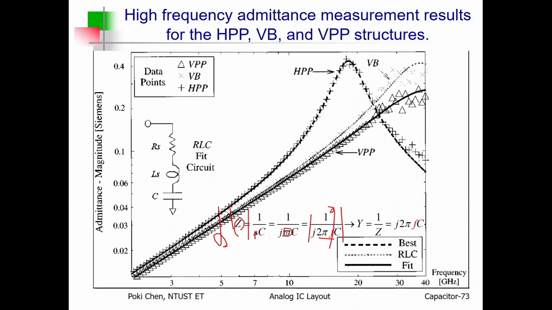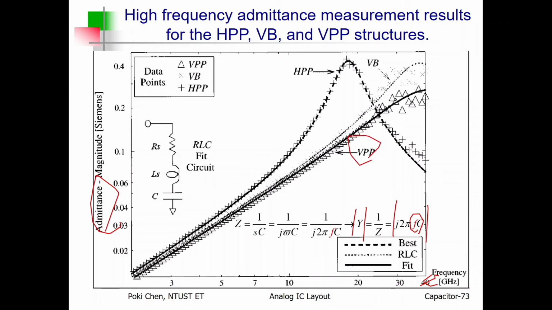Admittance is the reverse of impedance. So you have J2 pi FC. It means the magnitude of admittance for a capacitor is proportional to the frequency. If you plot admittance versus frequency, it needs to be a straight line, just like VPP, right?